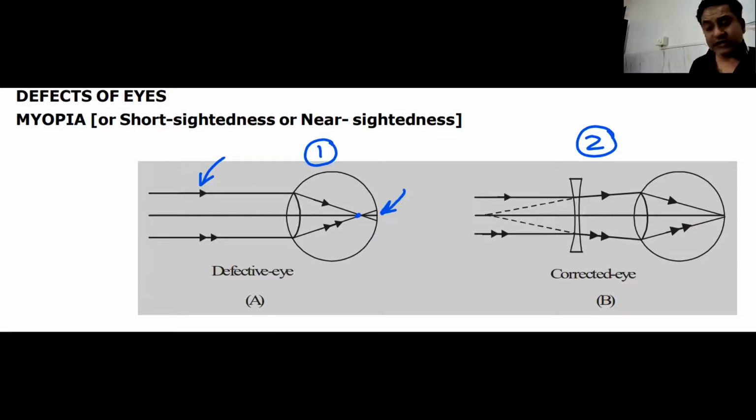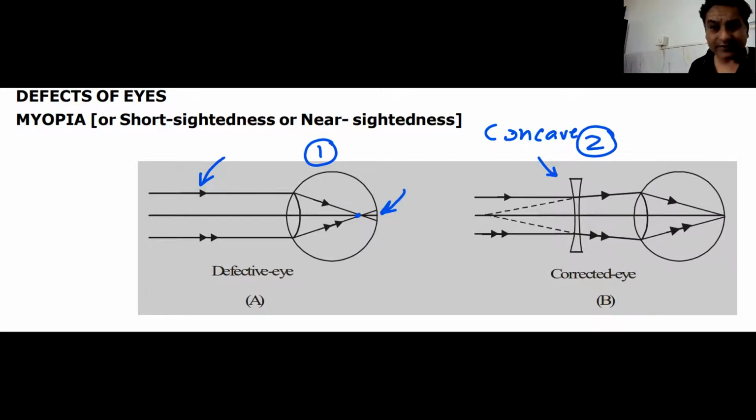If we use a converging lens here, it will try to focus it more before, but we want it to go behind that point, and therefore instead of a converging lens we use a diverging lens, which is a concave lens, so that the rays get focused farther rather than nearer. Do we understand this? This is how we can correct myopia or short-sightedness.